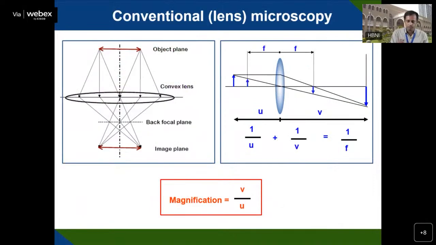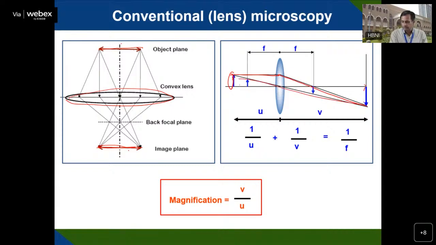Now, if you look at the conventional microscope, what happens? You use either a convex or concave lens, and you have an object plane on one side and an image plane on the other side, and the image is always formed on the other side of the focal plane. If the object is here, the light beam falls on the lens and you get an inverted image.